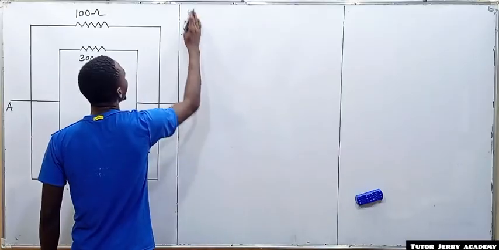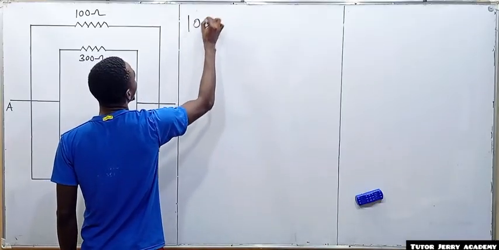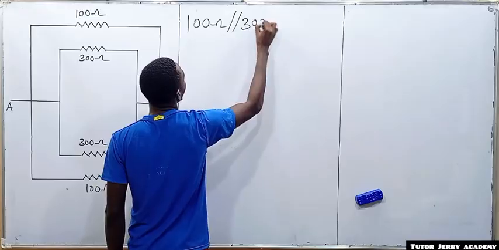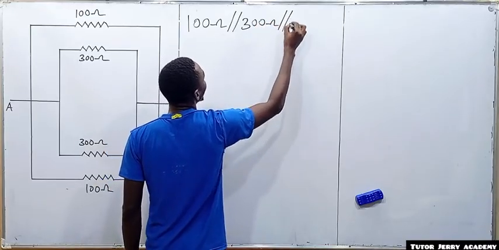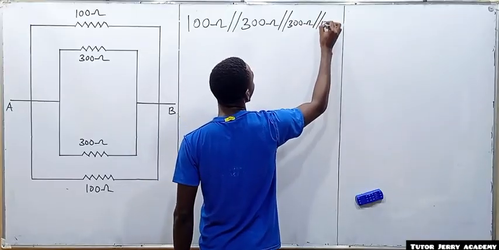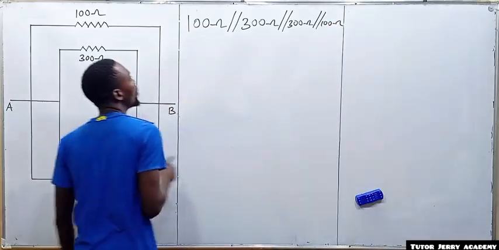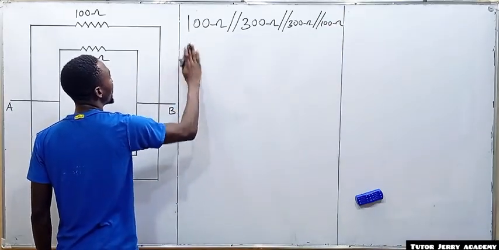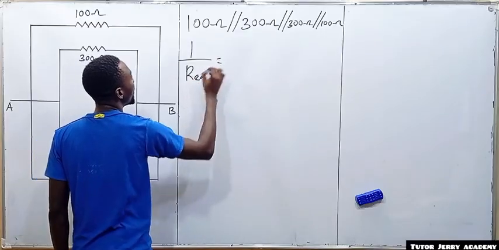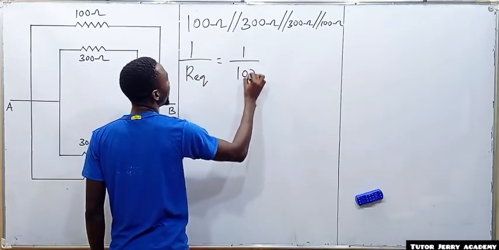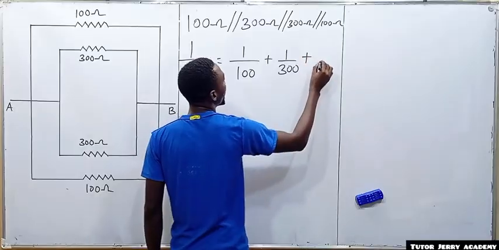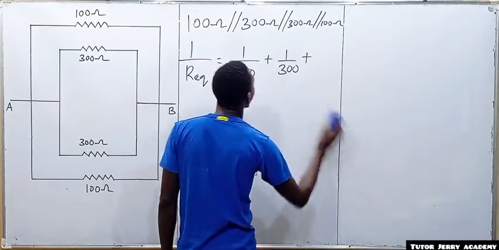So it shows that 100 ohms is parallel to 300 ohms, which is parallel to 300 ohms and parallel to 100 ohms. So 1 over R equivalent will be equal to 1 over 100 plus 1 over 300 plus 1 over 300 again.